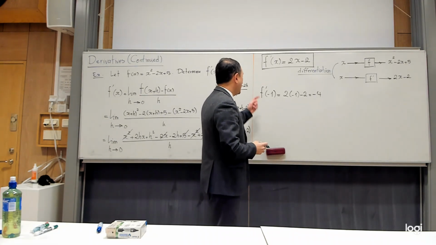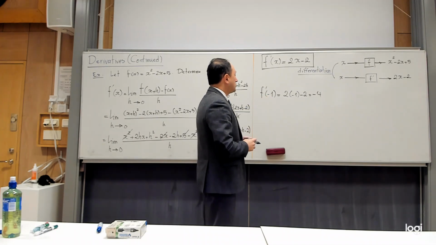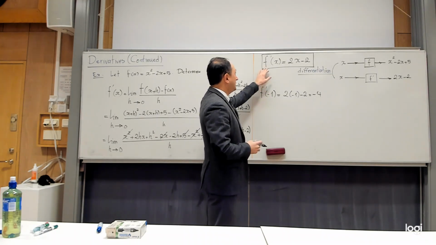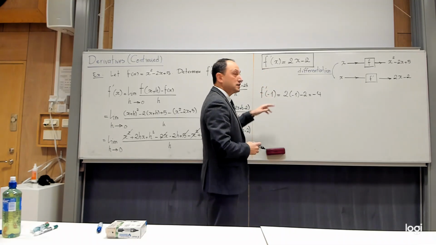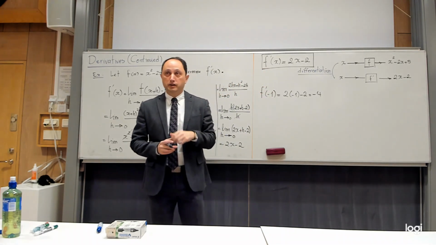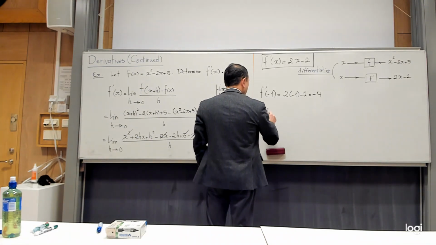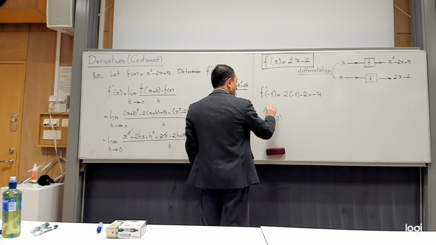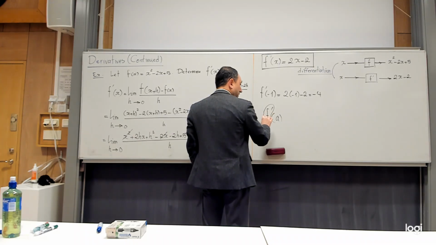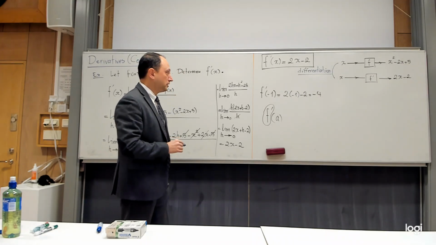If you want to calculate the derivative at a number, you have to find the general formula for the derivative first and then replace x with minus 1 or whatever you want. Be careful about that. So in principle, when I say f prime of a, it means that you have to calculate f prime first and then apply it on the number as your input. So be careful about these points.